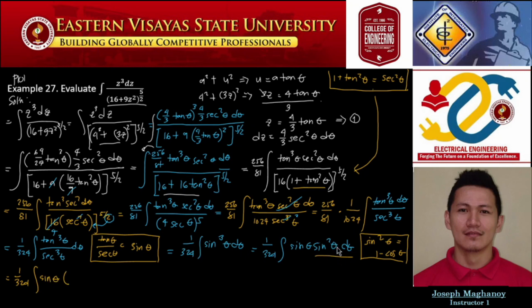Quantity, we replace sine squared theta with 1 minus cosine squared theta d theta. Okay, simplifying further, we distribute sine inside the quantity. It will become sine theta minus sine theta cosine squared theta, quantity d theta.